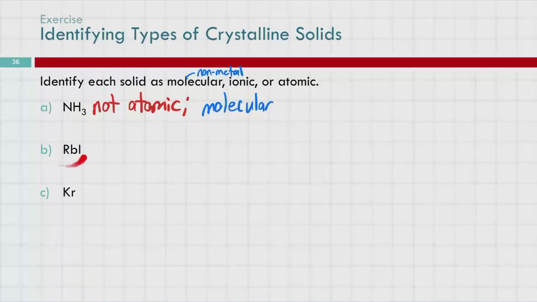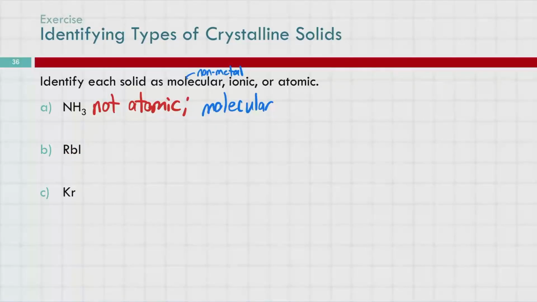And then next up, we've got runs batted in, RBI. A little MLB humor for you there. So RBI, what do we have for rubidium iodide? What kind of compound is that? Do we have one element symbol? No, we have more than one element symbol. We've got two element symbols. What kind of element is Rb, rubidium?